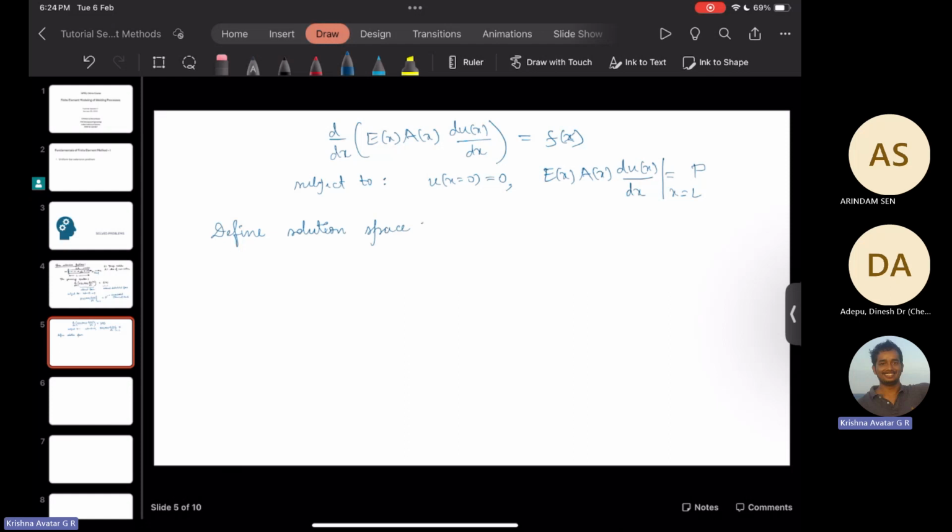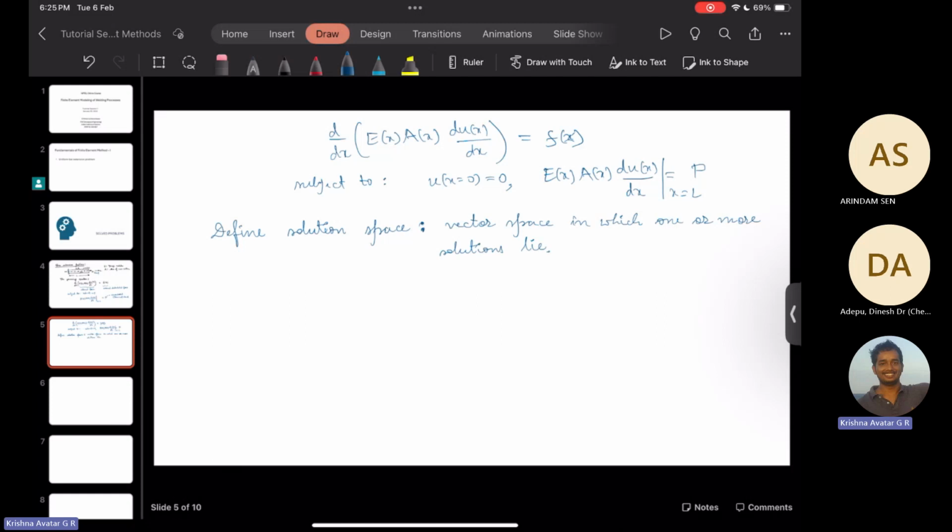As is very evident from its name, it's the vector space in which one member, or even more, solutions lie.